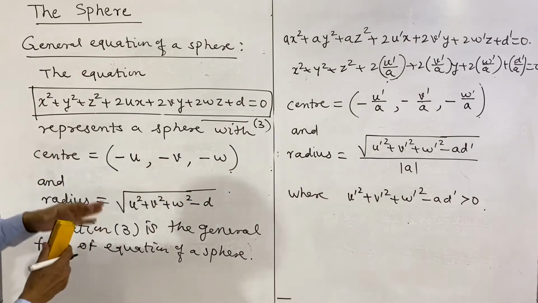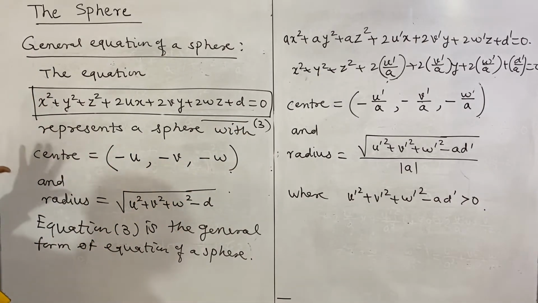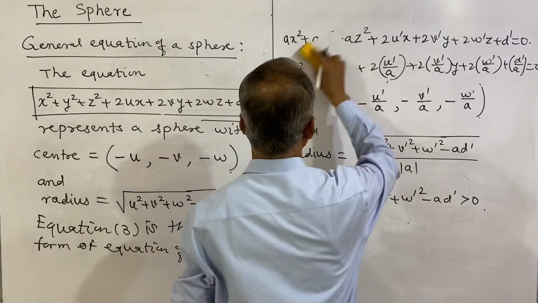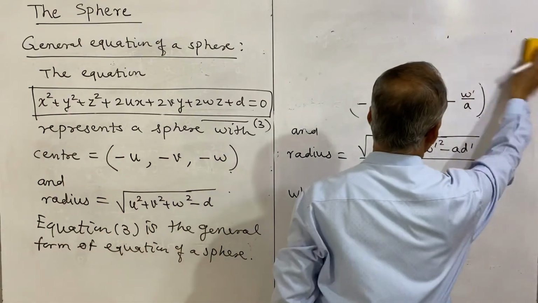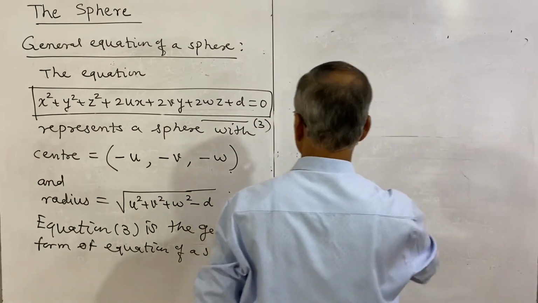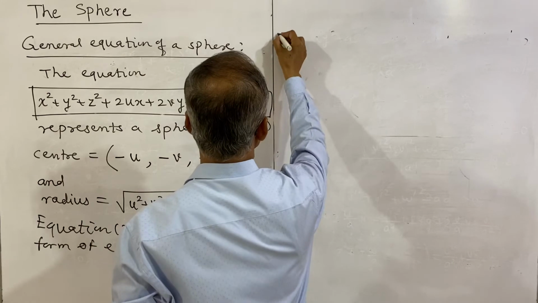So this is the general equation of a sphere that we will consider, and from that we can write the center's coordinates and radius easily. Now one example can be taken like this.